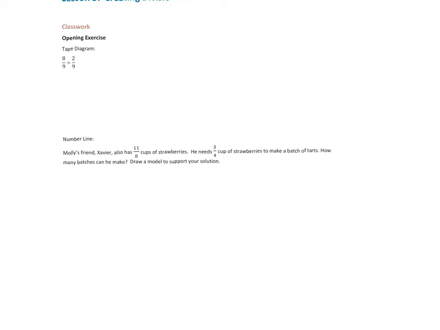So let's take a look at the tape diagram, and the denominator tells me how many pieces I'm going to slice it up into. So 1, 2, 3, 4, 5, 6, 7, 8, 9. And then I'm going to shade in the 8 part of it.